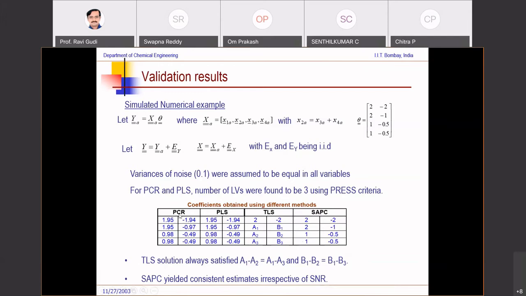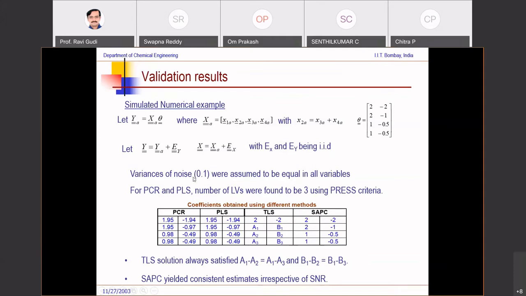Whereas each of the algorithms, PCR, PLS (which I have not yet introduced to you), and total least squares, all give you biased estimates. In fact, PLS gives you A1, B1, A2, B2, A3, B3, where this relationship is surprisingly true. And SAPC, the proposed algorithm, gives you consistent estimates irrespective of how much noise you have added. If it is 0.2, 0.3, 0.4, SAPC will still give you consistent estimates.